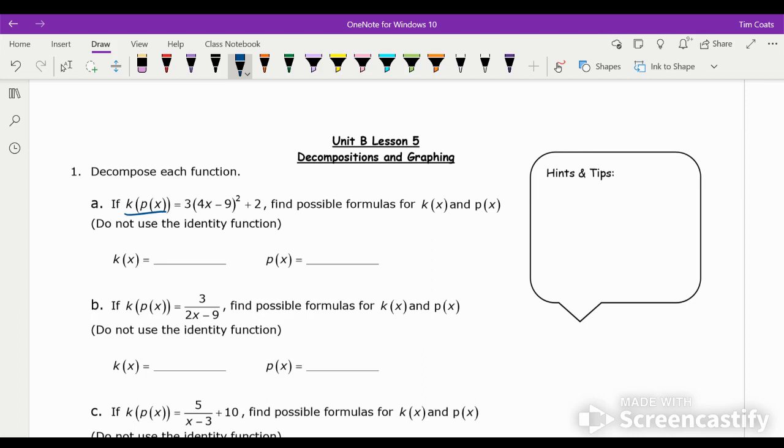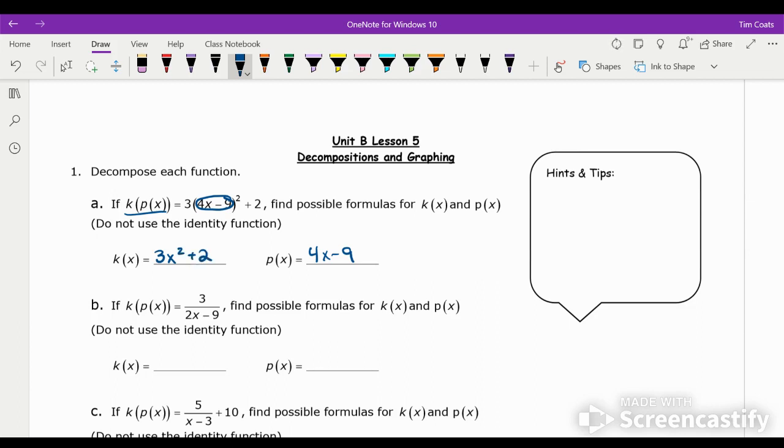On problems like this at the beginning, it kind of looks familiar. It looks like you could just quickly pick out that 4x minus 9 looks to be the inside part. And remember from when we were combining the functions, whatever the inside function was, we replaced the x in the original function.